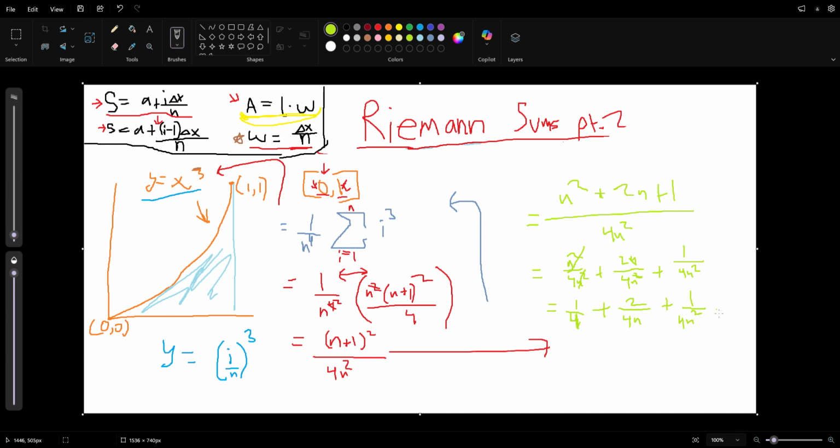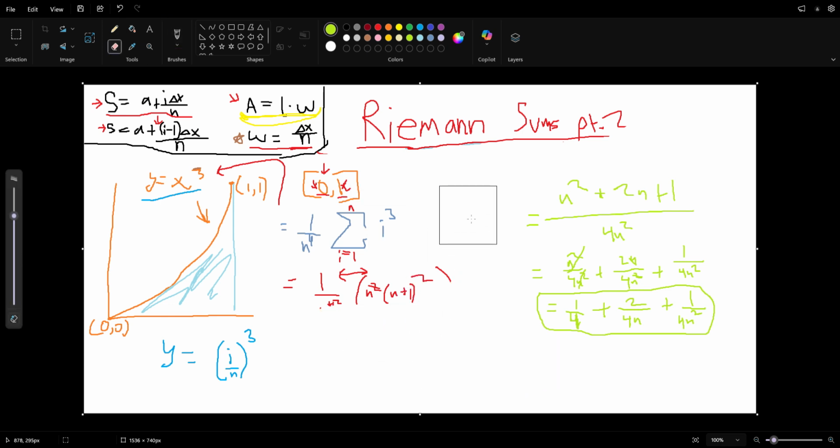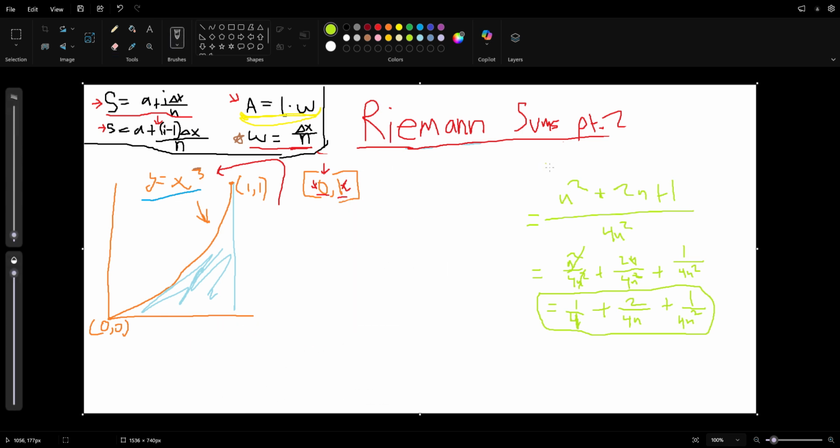This is a simplified version. Now you might be wondering, what do we do now? Well, this is essentially what the area under the curve is when we don't know how many rectangles there are.